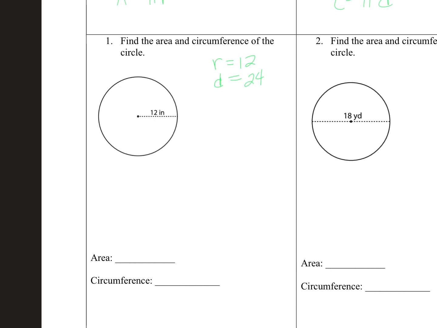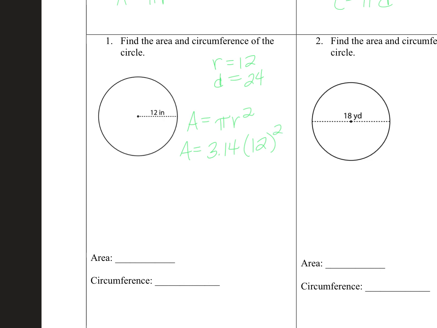To find the area, area equals pi r squared. Again, write down the formula. Then fill in what you know. We know what the radius is, and we know that pi is 3.14. So area equals 3.14 times, notice I'm using parentheses for times. That's perfectly acceptable. In fact, you probably should do that.